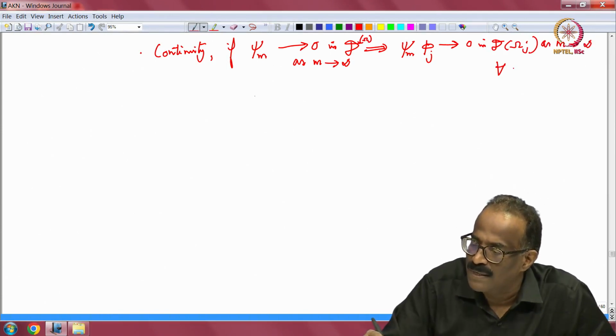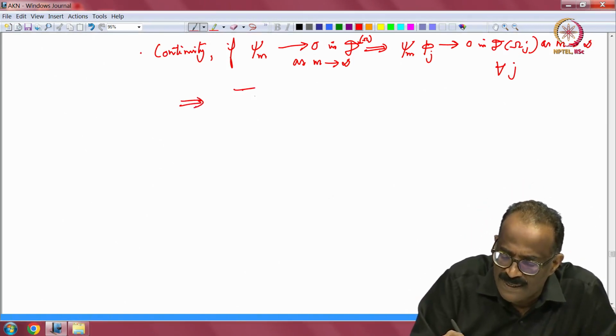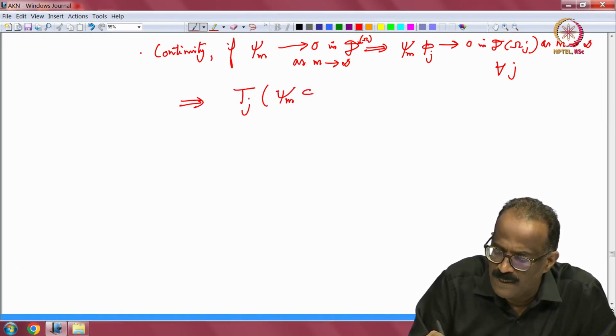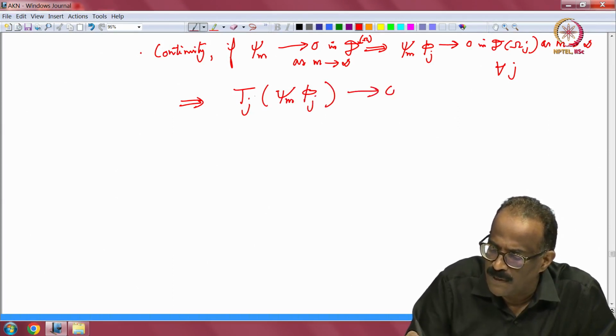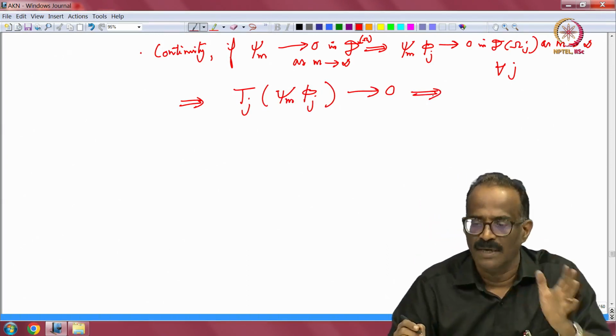So, for all j, that will imply T j of psi m phi j goes to 0, because the T j's are continuous. The summation is again finite, so you do not have to worry.